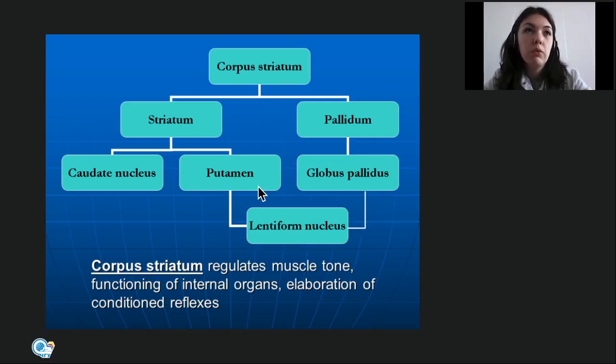So putamen, if to translate it from Latin, it will be like eggshell, like that thing which you should remove before eating egg. Yes. Globus pallidus, it is translated as a pale ball. Yes. So its color is lighter than color of putamen.